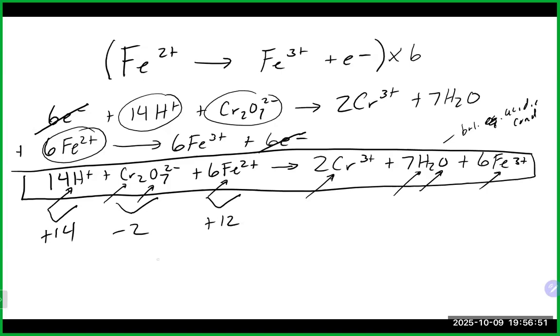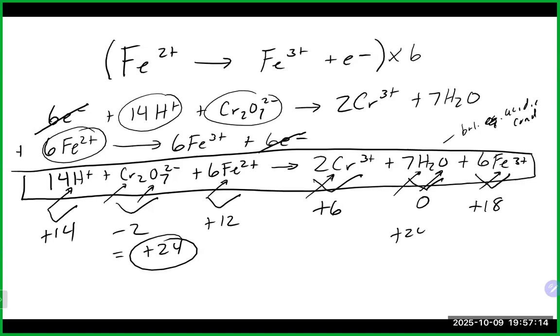That is a lot of math at this late hour, but that is a +24, if I didn't screw that up, on the left-hand side. On the right-hand side, that is 2 times +3, which is +6. That is 7 times 0, which is 0. That is 6 times 3, which is +18. +18 and +6, I hope, is +24. So we are balanced in both ways correctly.